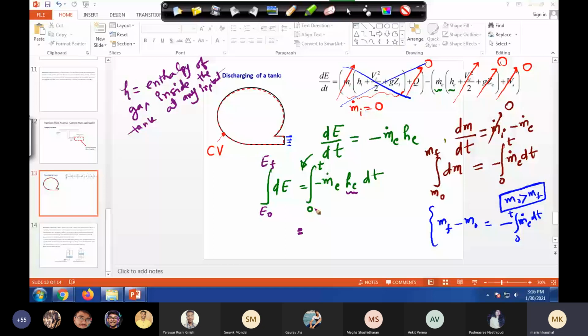So what final equation can we write? EF minus E naught is equal to, I will leave it like this because I'm not convinced that He is constant. If H is not constant, you cannot take it out of the integral. That is my understanding.